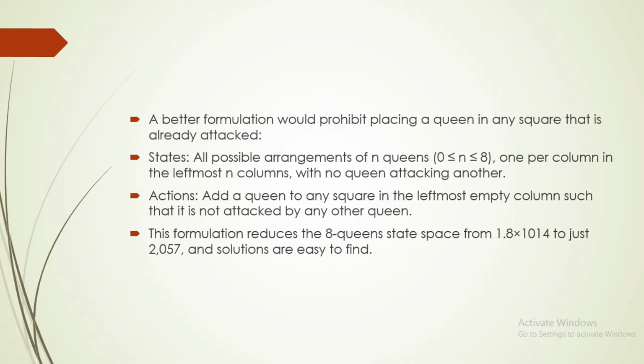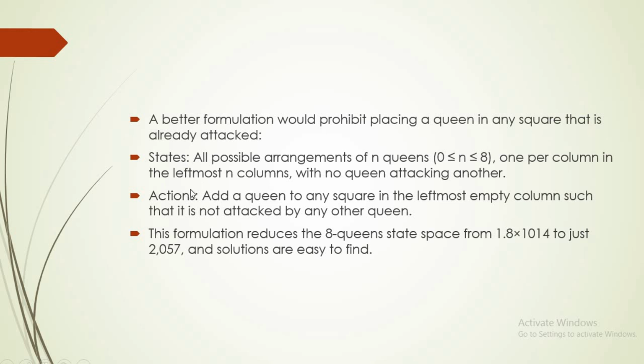So a better formulation would prohibit placing a queen in any square that is already attacked. So the states are all possible arrangements of n queens, n from 0 to 8, one per column. Now we are dealing with columns, trying to minimize our possible sequences, in the leftmost n columns with no queens attacking each other.